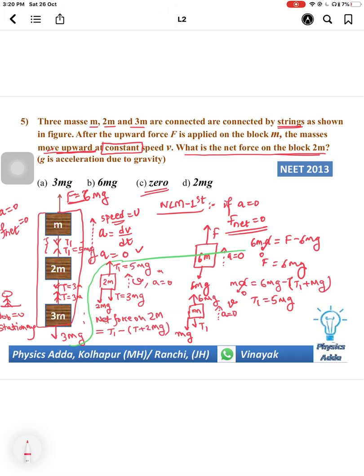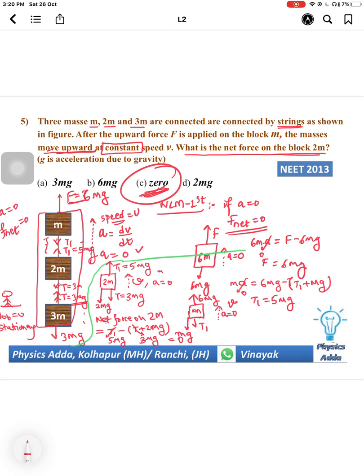What is the value of T1? It is 5 mg. What is the value of T? It is 3 mg. So 3 plus 2 is 5, and here is 5. 5 minus 5 is 0. So the answer to problem number 5 is C, 0.